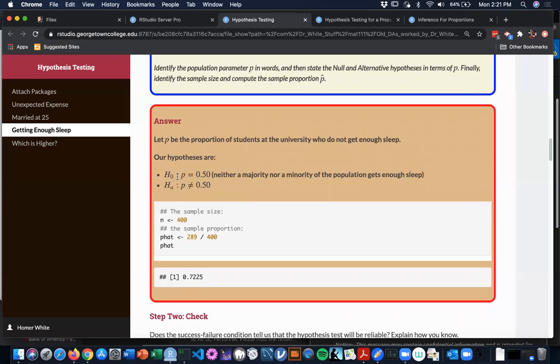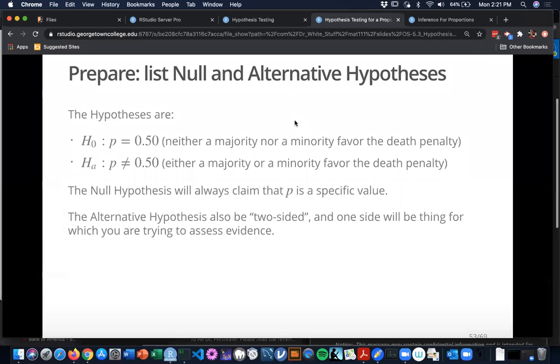Hypotheses. The null hypothesis is going to have to say that the unknown population proportion equals some value. What value should it propose? Well, it's just like that majority-minority question about the death penalty.